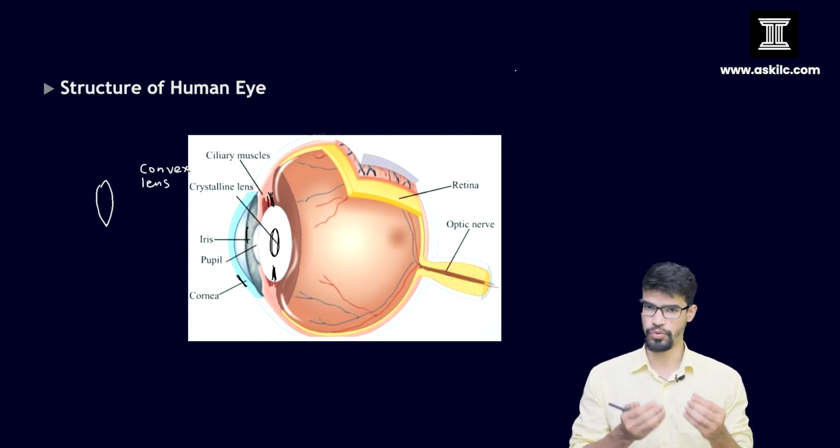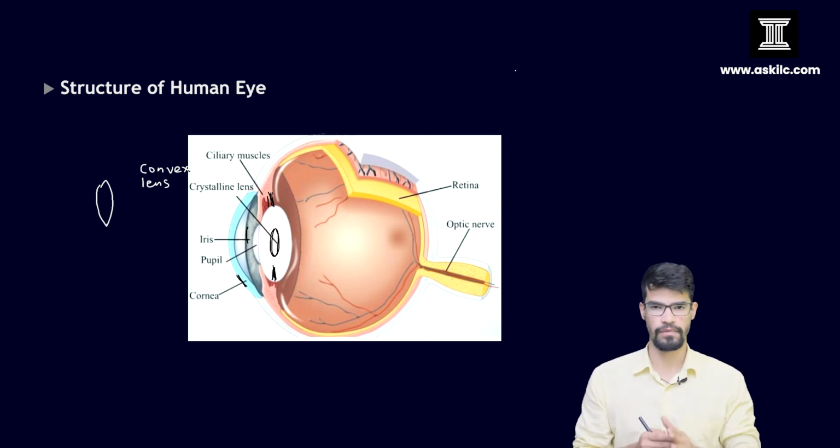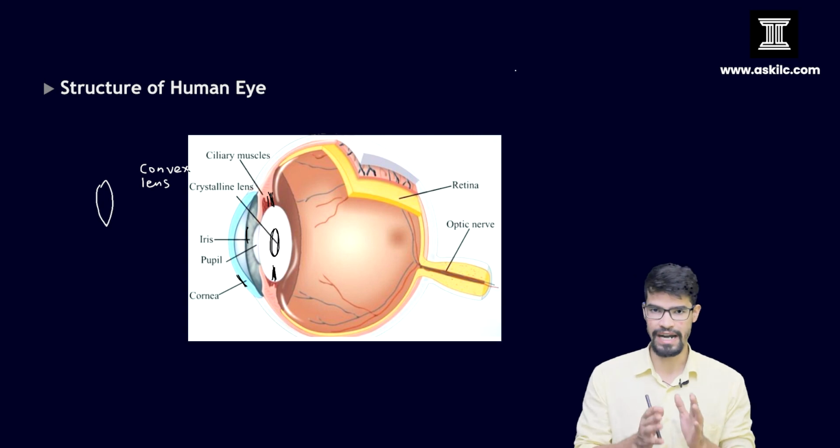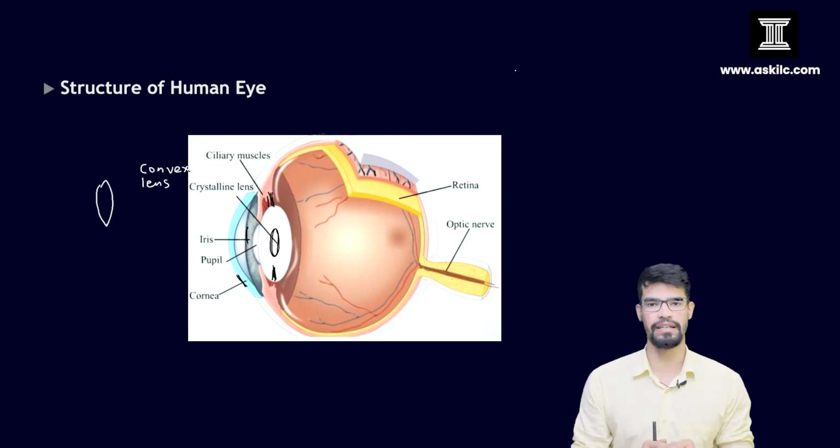Because to be able to focus on objects which we see far away or the nearby objects, the focal length changes. Of what? Of the lens. And to achieve this change in focal length, the ciliary muscles help. Okay, they work in tandem with, yes, crystalline lens.